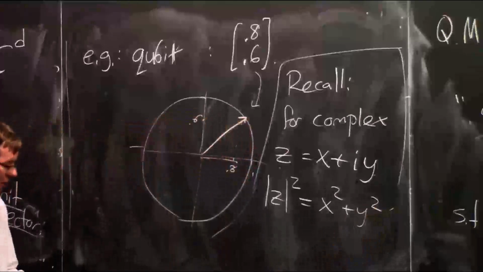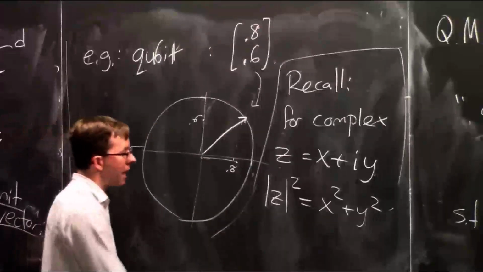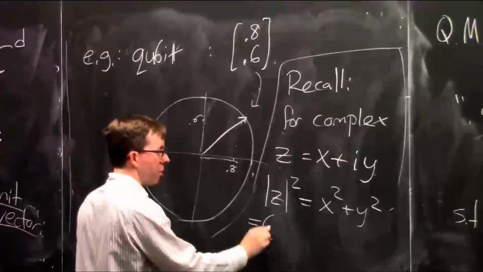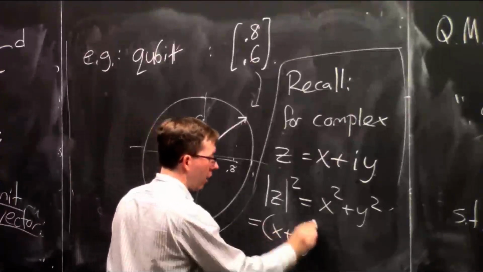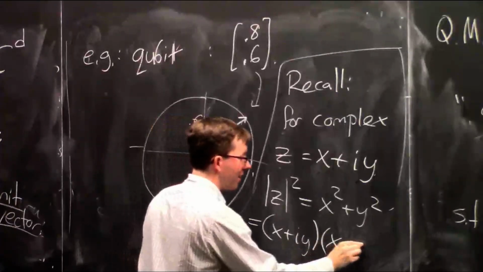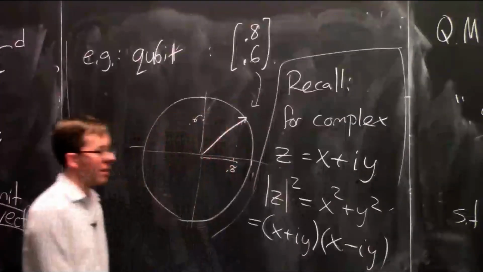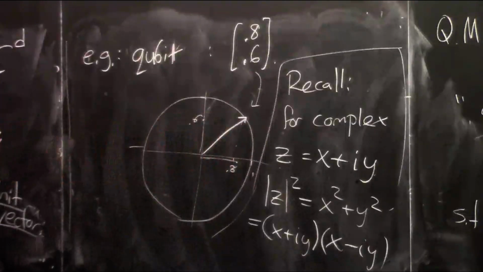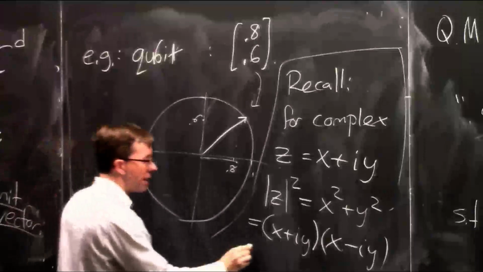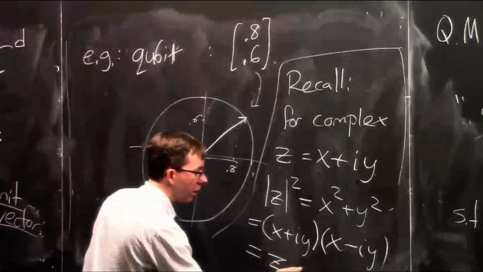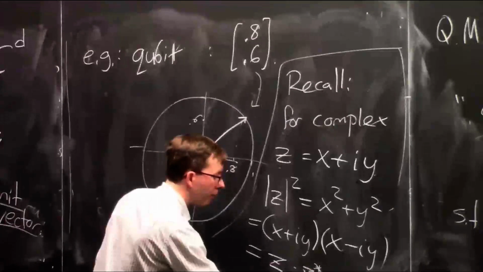The sum of the squares of the real and imaginary parts. If you do FOIL, it's the same as x plus iy times x minus iy. And I write it like that because this is z times the complex conjugate of z.